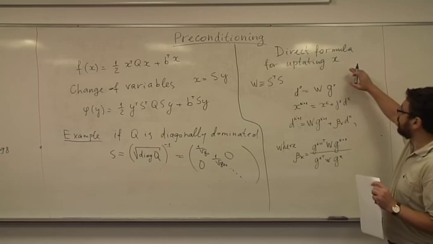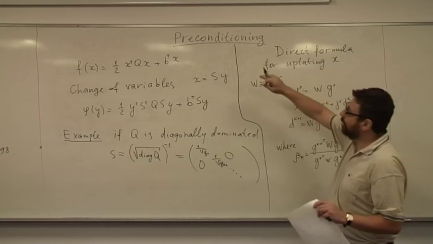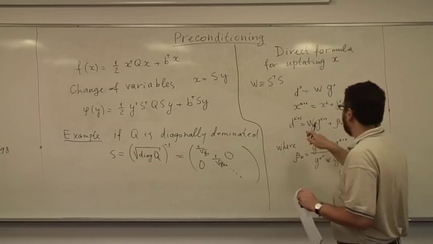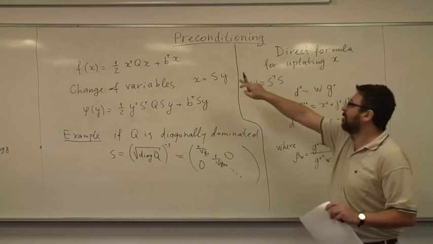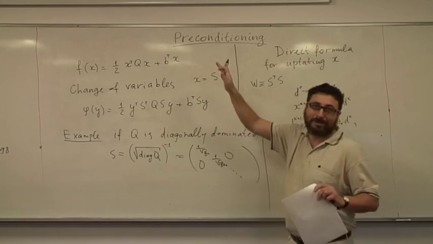So this is already in terms of our original function, and g is this Qx plus b.